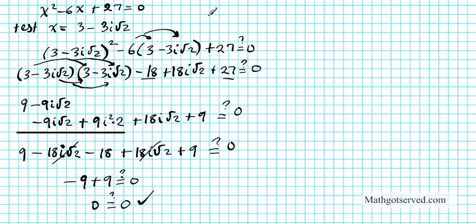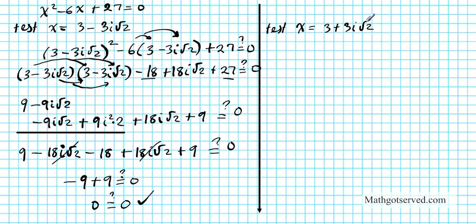Now we have two solutions, so we have to do two tests to verify the accuracy of our result. So now we're going to test x equals 3 plus 3i root 2. Same story, plug it into the original problem.